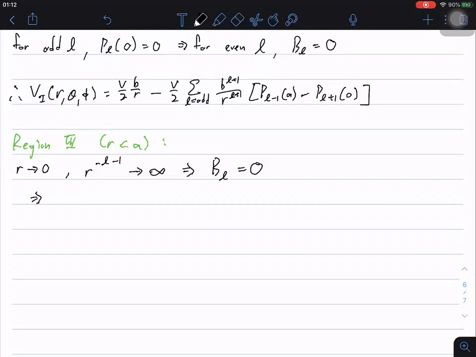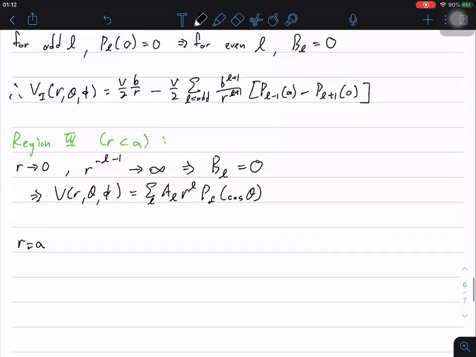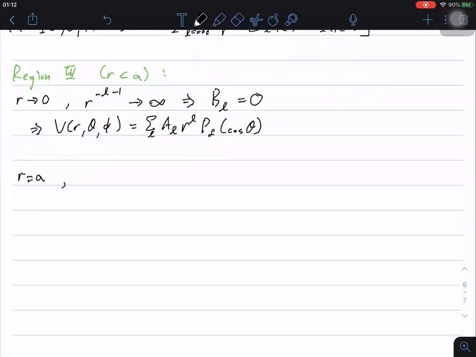So what we are left with is A_L. Again, we consider the boundary condition at R equal to A and substitute it in.